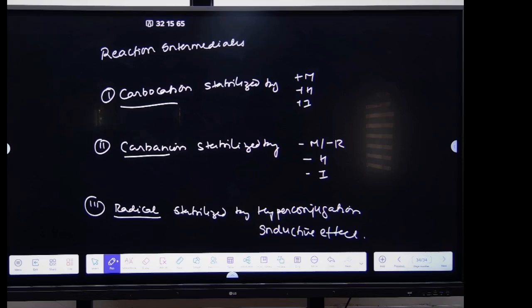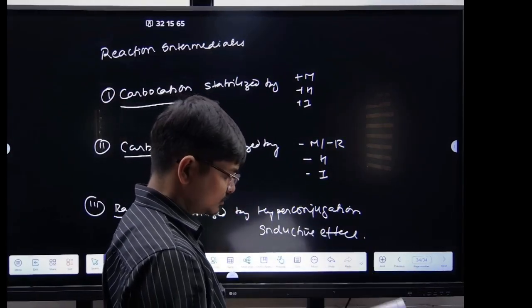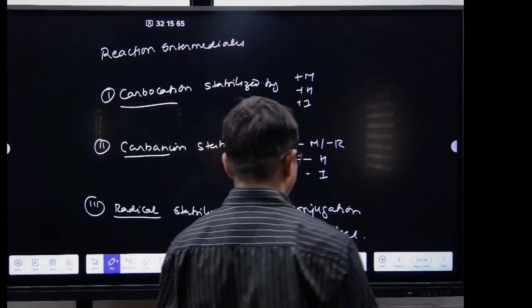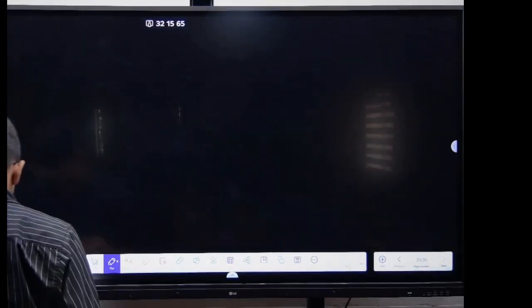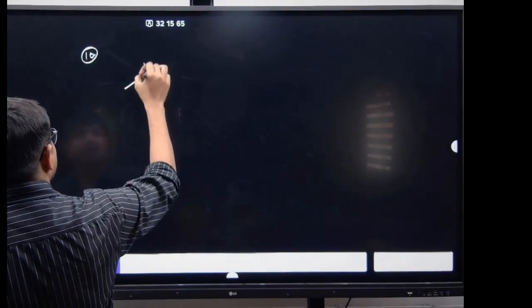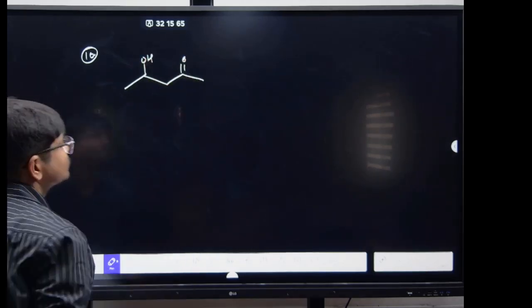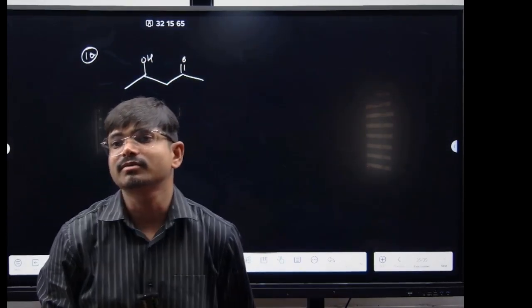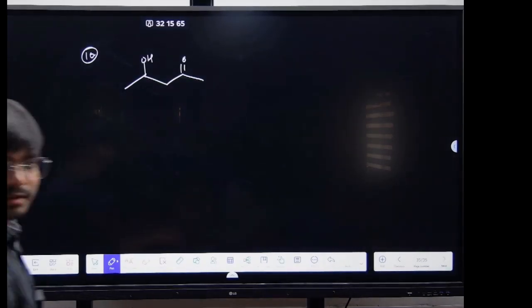Start with previous KCETs, right? Question number 101. Question number 10. If you look at question number 10, you see this will be your OH, and here you will have this. Got it? What will be the highest priority for us? Obviously ketone, right?